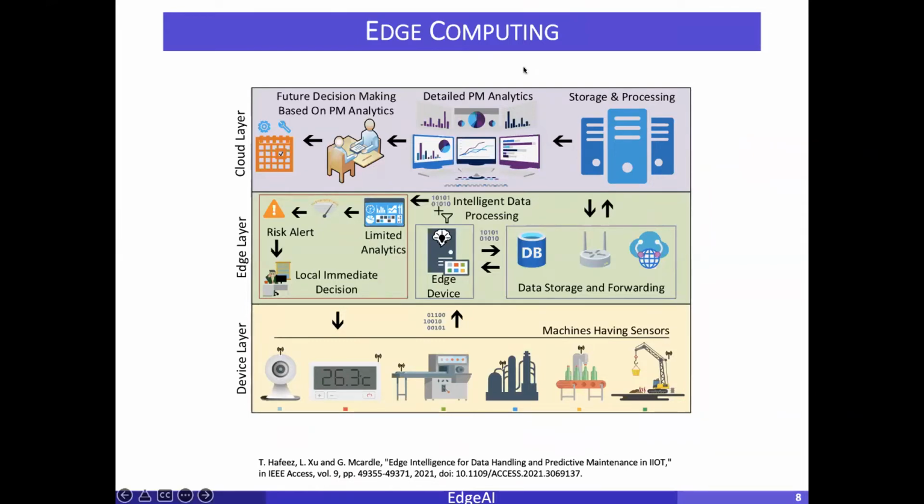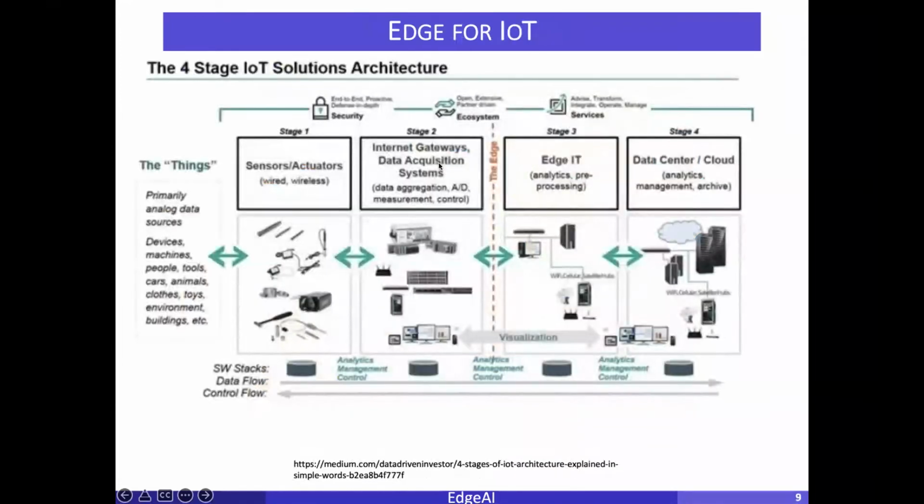So the global model is developed at the data centers, and you have an edge layer where you implement a small model. So this is one example where we have edge for IoT.